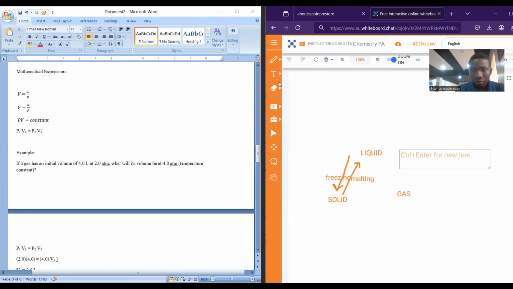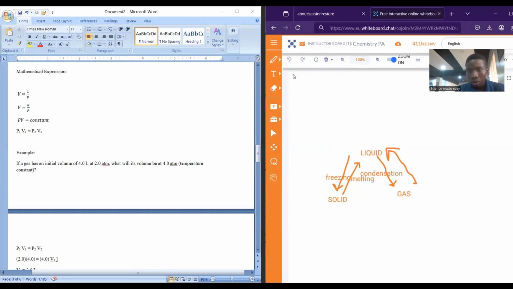And from liquid to gas, if a liquid changes to gas, we call that one what? Condensation. We call that one condensation. And from our gas to liquid, we call it what?